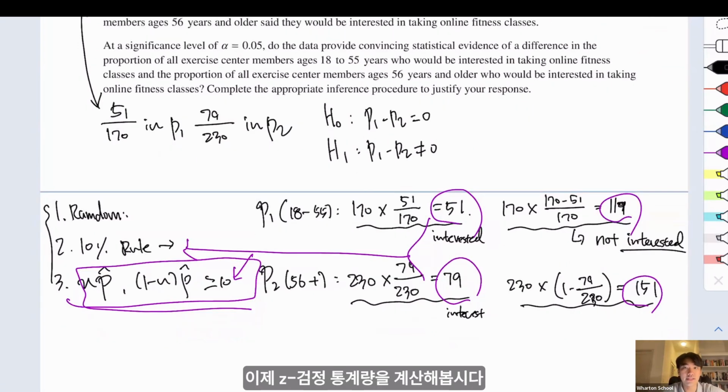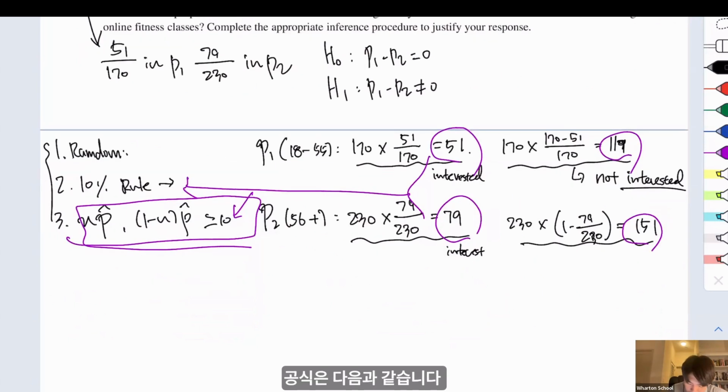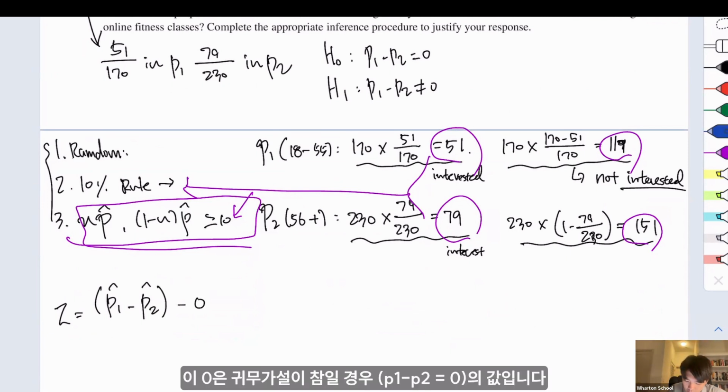So let's calculate the test statistic z, which is z equals P1 minus P2, the estimated difference, minus 0. We know that this 0 comes from the fact that the true population proportions would be equal. This is the condition of H0.